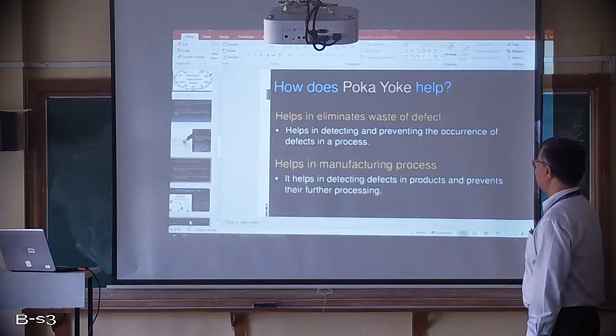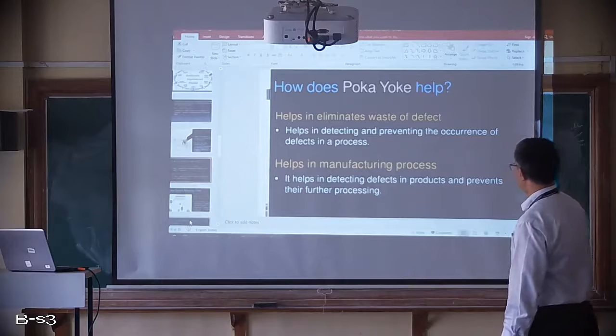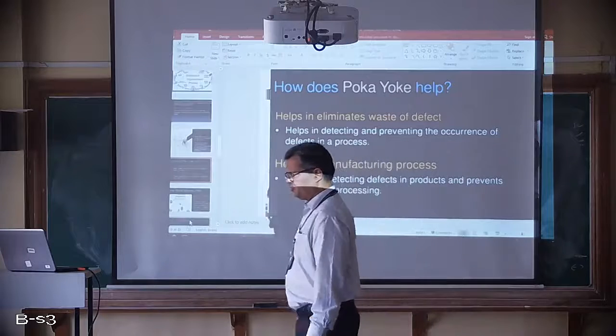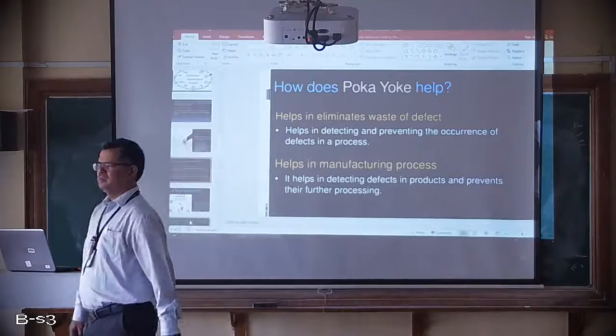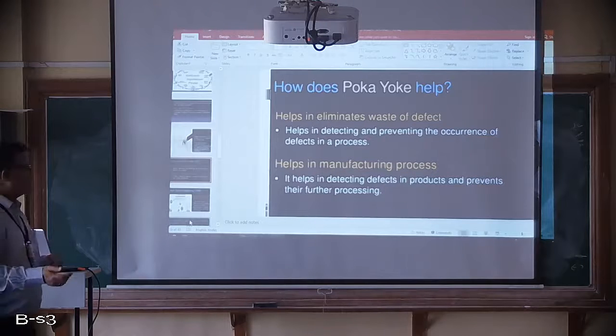Second, it helps in the manufacturing process. That is, it helps in detecting defects in products and prevents their further processing. When the process is made foolproof, the entire manufacturing process also becomes foolproof, so that there won't be any defects.